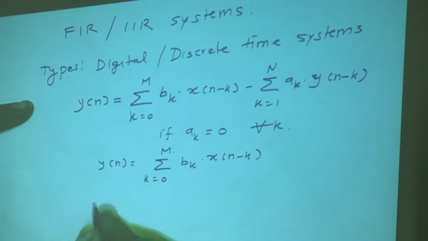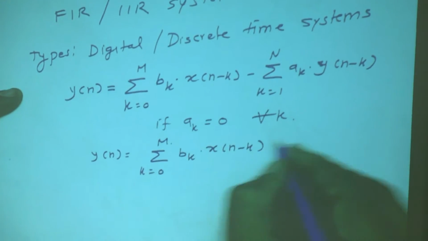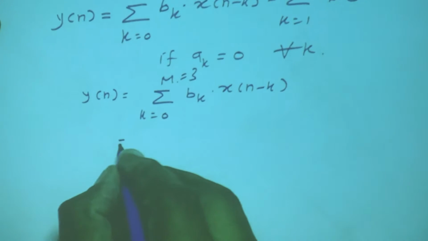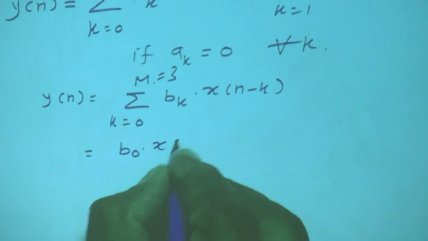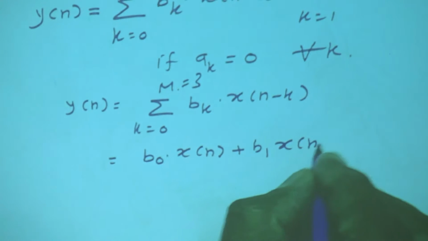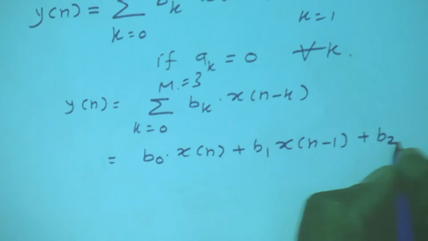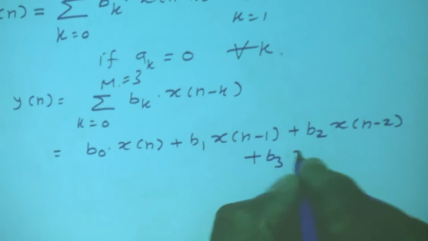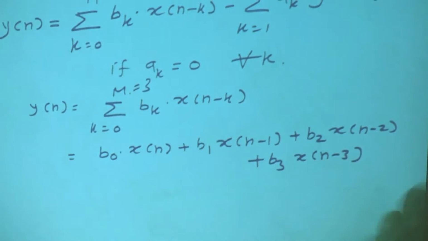Let me take m equal to 3. This equation becomes b0 times x of n plus b1 times x of n minus 1 plus b2 times x of n minus 2 plus b3 times x of n minus 3.